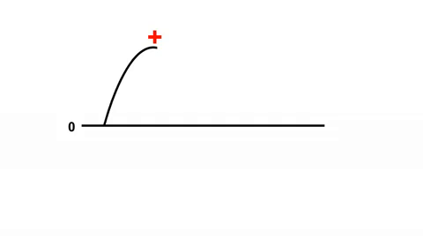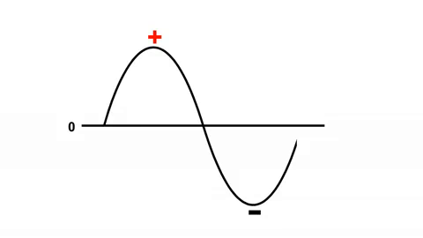Here we have reached the most positive part of the alternating current, and now it's going to start going back down and go past 0 and then continue on until it reaches maximum negative voltage, and then it's going to go back in the other direction towards 0, and when this is complete, this is one cycle.